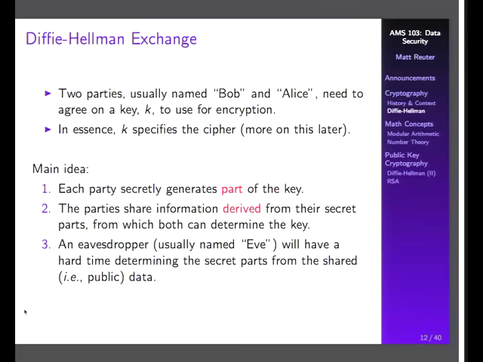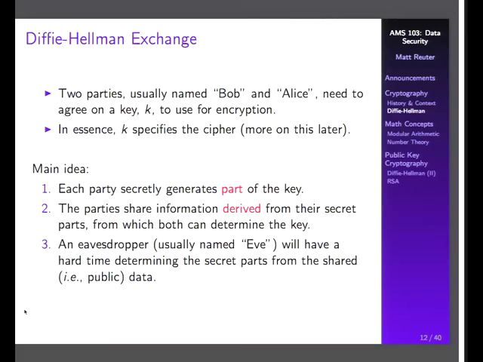The main idea is that each party, both Bob and Alice, are going to secretly generate part of the key. Emphasis on the word part. What they're each going to do then is derive something from that part that they generate. So it's not the actual secret part that they've got, but something derived from it, which they will share.